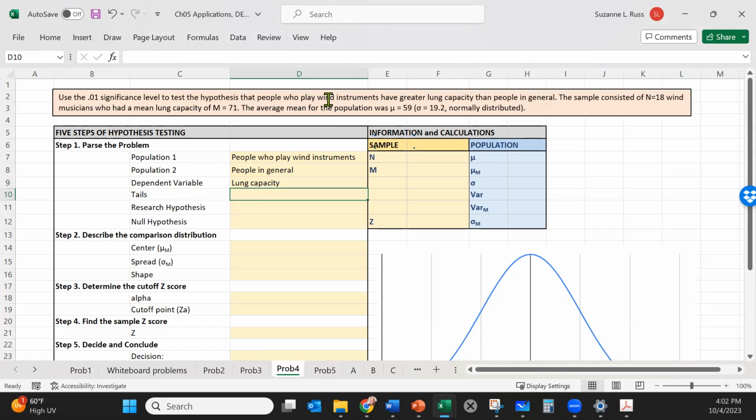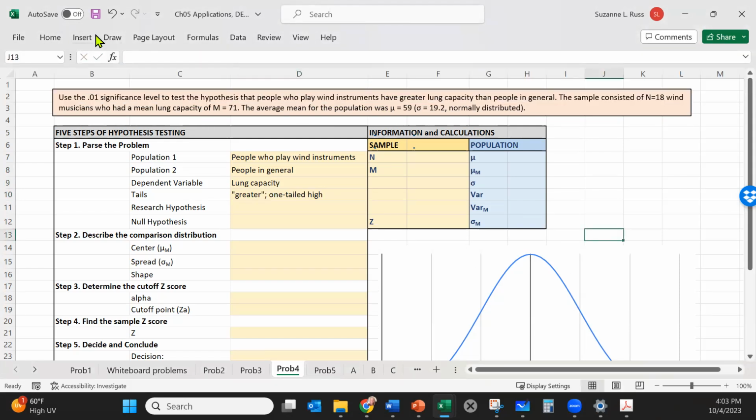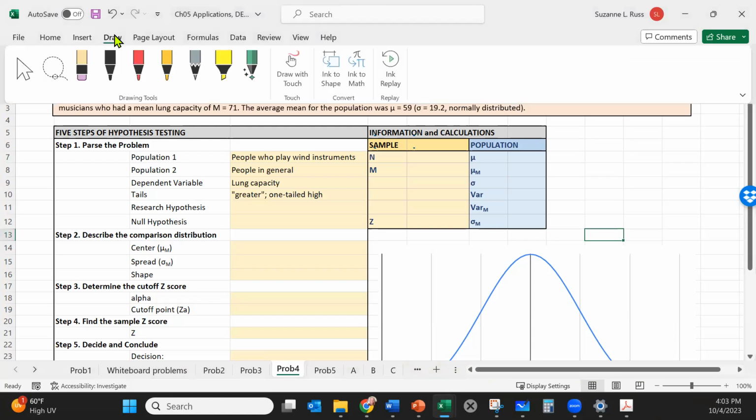And as far as tails go, we need to check if we're looking for higher lung capacity, lower, or just different. And I see this word greater, which indicates that we're doing a one-tailed high test. And that means that we are going to be looking for a score in the upper end of the distribution.